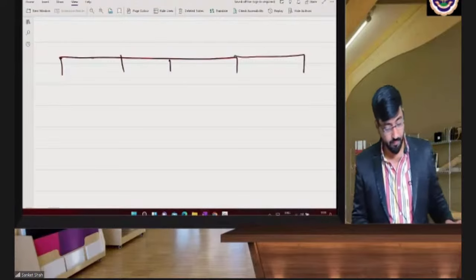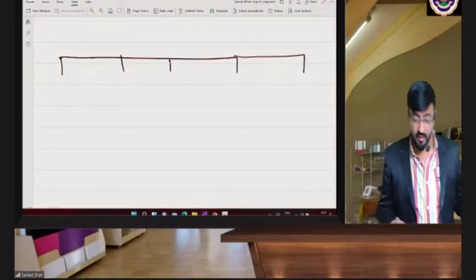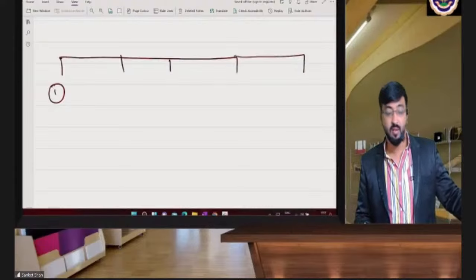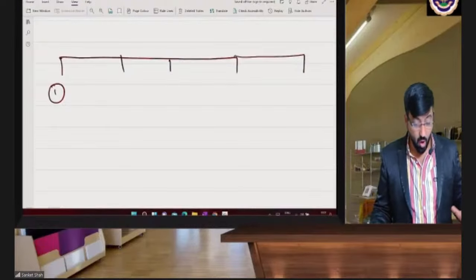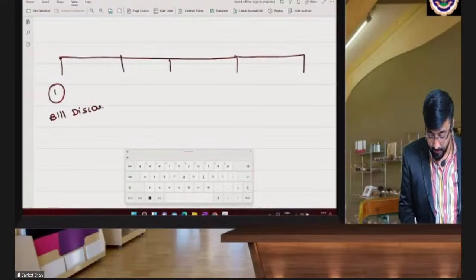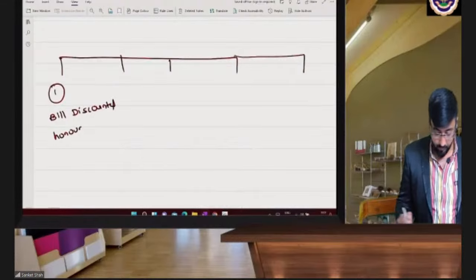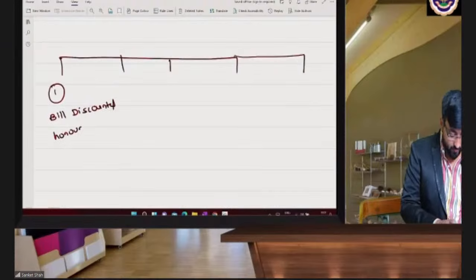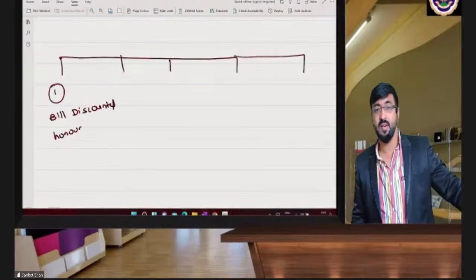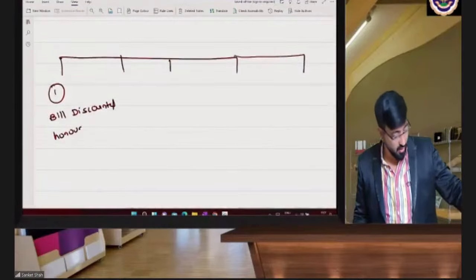Okay, so let's start with the first entry. First entry is bill discounted honor. Understand who is answering fast? Bill discounted honor. What is the entry for bill discounted honor?